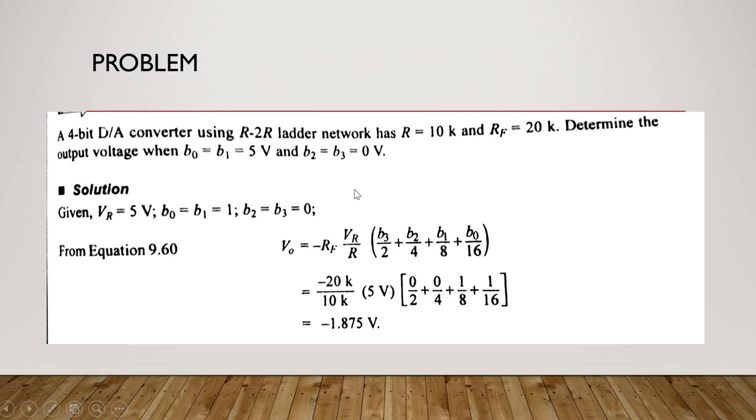V1 is 5 volt, means it is logical 1, so 1 by 8 plus 1 by 16. So don't consider this 5 volt, we have already taken that outside. Here you need to consider the binary input, either 0 or 1. When you solve this, you will be getting the output voltage as minus 1.875. So for 0, 0, 1, 1, the output voltage is 1.875.